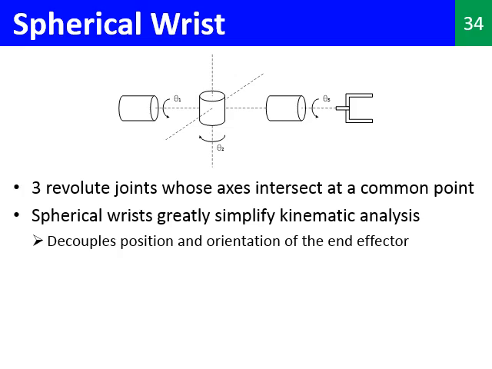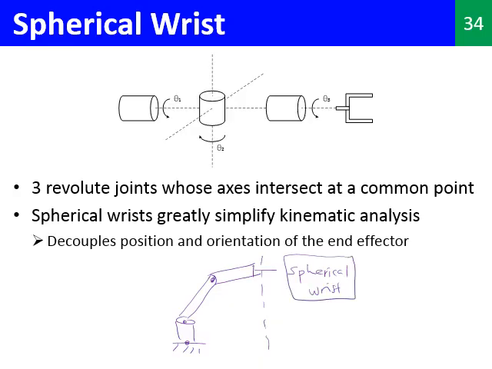That is, let's say we have a manipulator with 3 joints, okay, and here now I can attach this spherical wrist. Okay, the special thing about the spherical wrist is that it can achieve any orientation without changing its origin or that common point of intersection here.